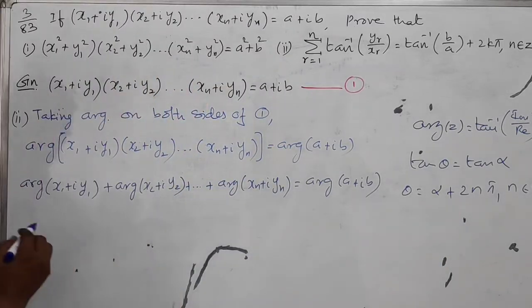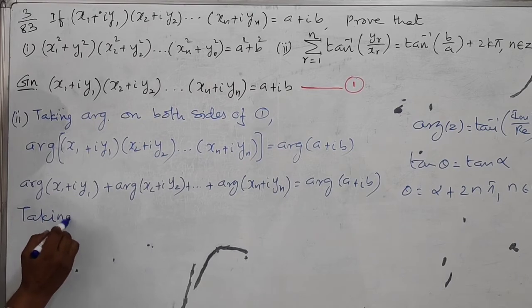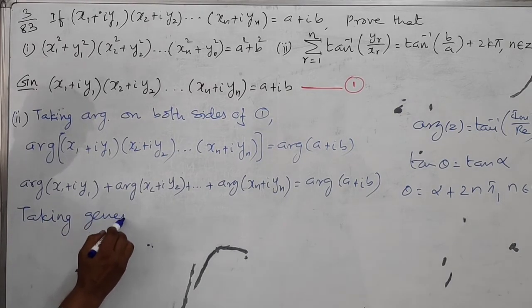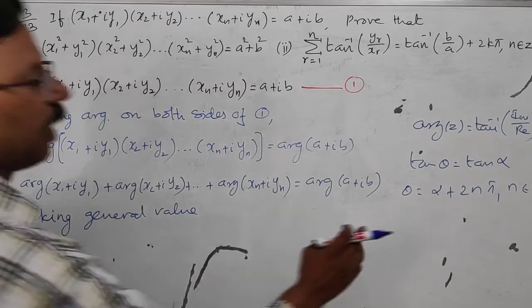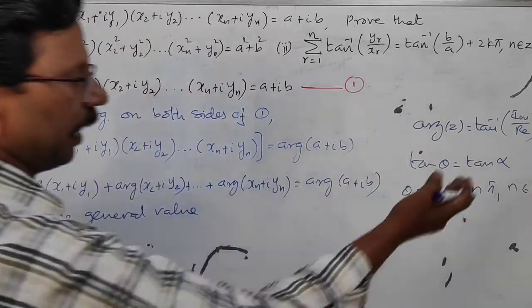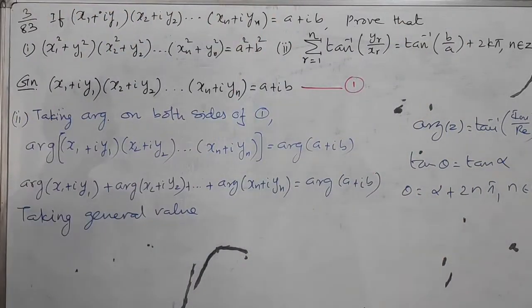Therefore, we can say, taking the general value, this 2k pi can be added on either the left hand side or the right hand side. The result is given in the right hand side, therefore you can add 2k pi in the right hand side.